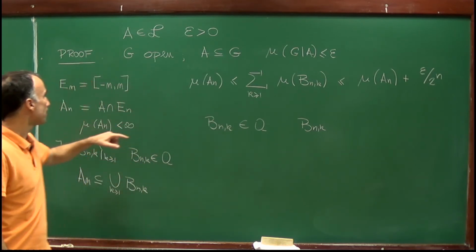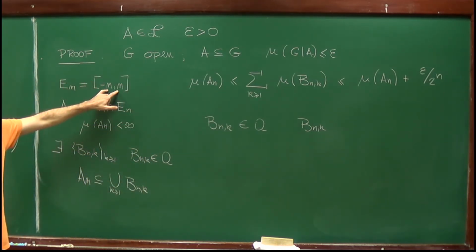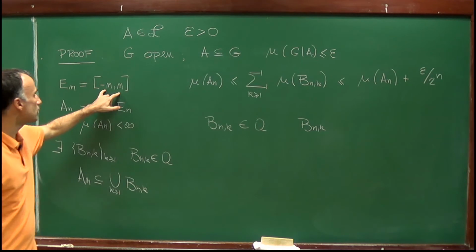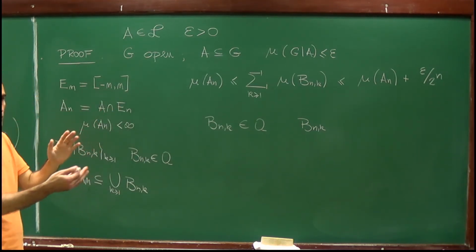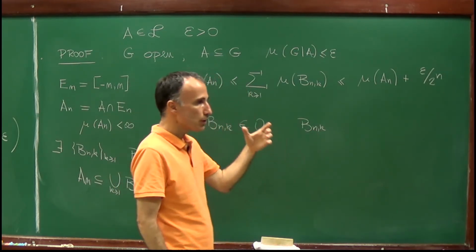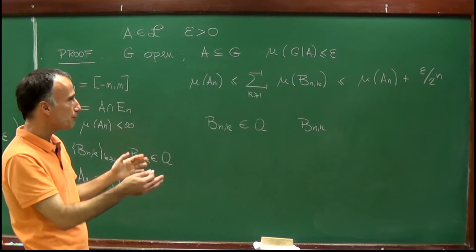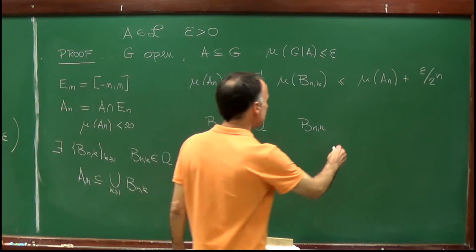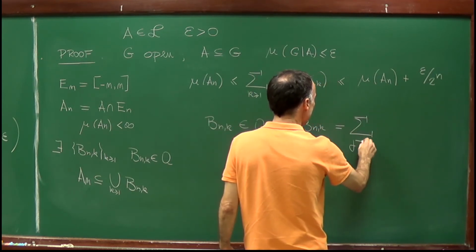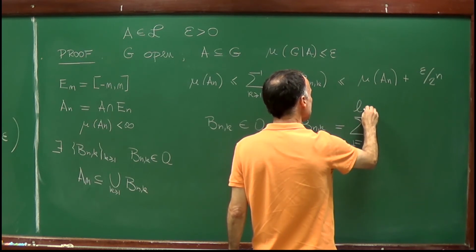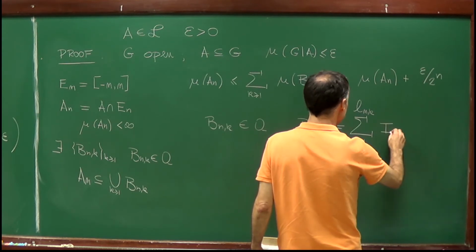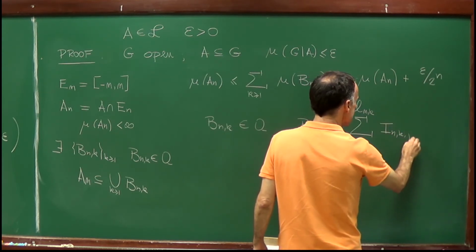Since A_n is contained in minus n, n, we can assume that all these sets B_{n,k} are also contained in minus n, n, which means that they are finite disjoint unions of bounded intervals. So B_{n,k} can be written as a sum from j equal 1 to a number L, which depends on n and k, of I_{n,k,j}.